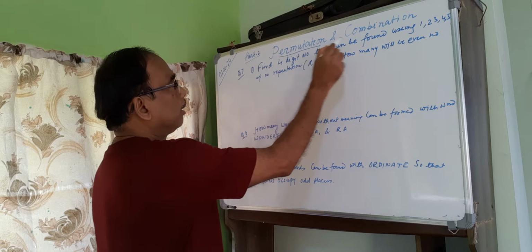The word WONDERFUL has 9 letters: 1, 2, 3, 4, 5, 6, 7, 8, 9. We take 4 letters with no repetition.